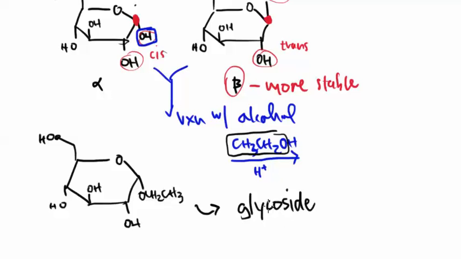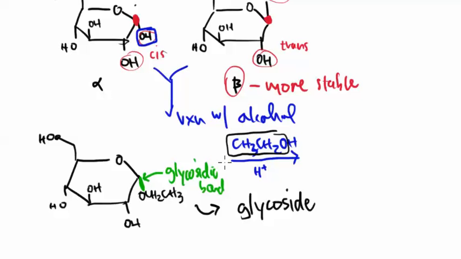The bond that happens between the carbon and the oxygen of that group, so this bond that connects the C and the O together, that's called a glycosidic bond. So we make a glycoside, and that makes a glycosidic bond.